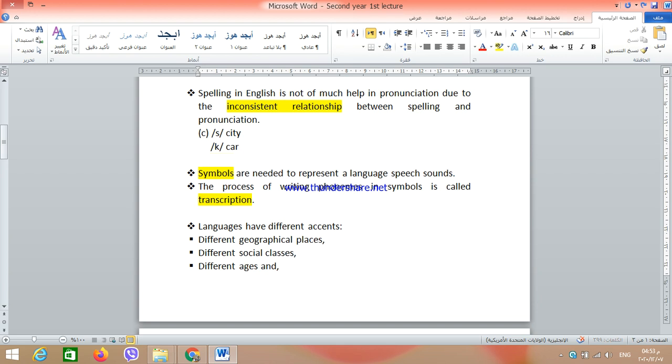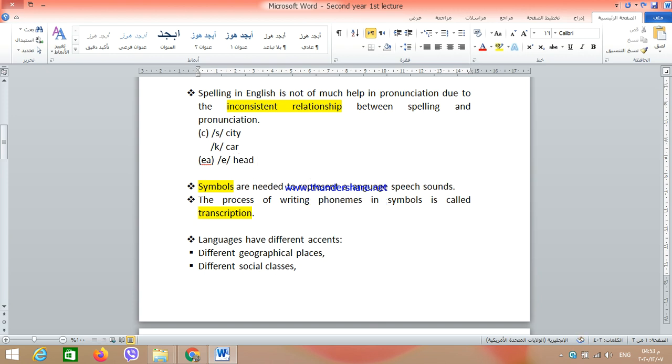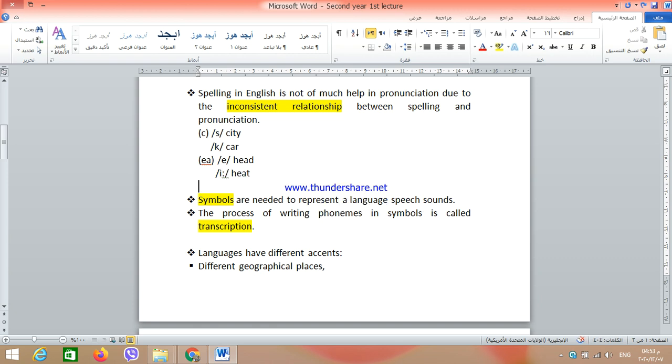Another example is the letters EA. EA can be pronounced as e, as in head, as ee, as in heat, and as, for example, ah, as in heart.